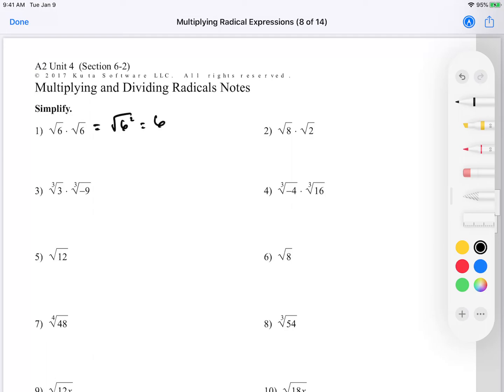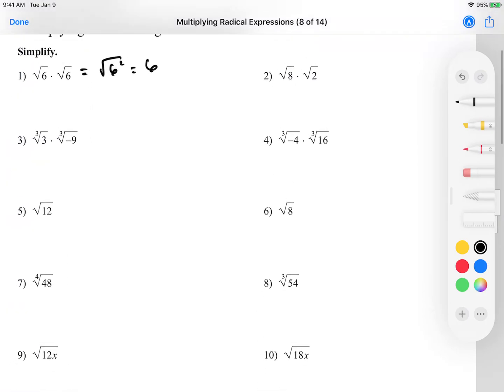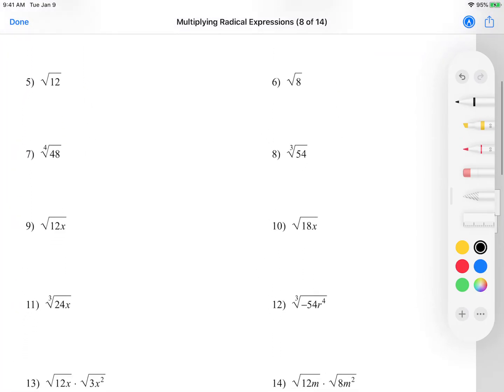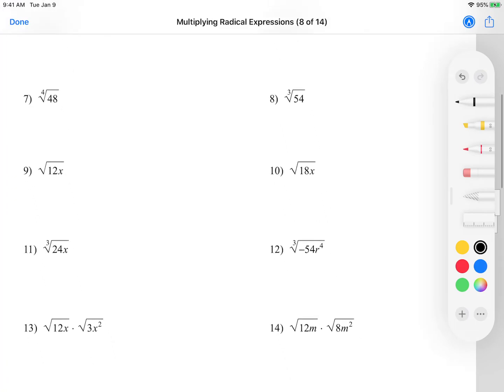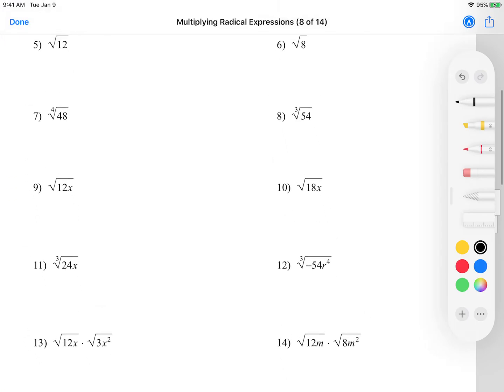Now, you can all do these ones, but the ones that I really wanted to focus on was number 13.